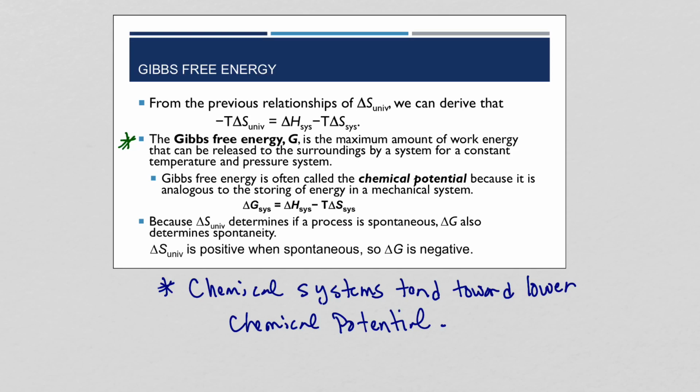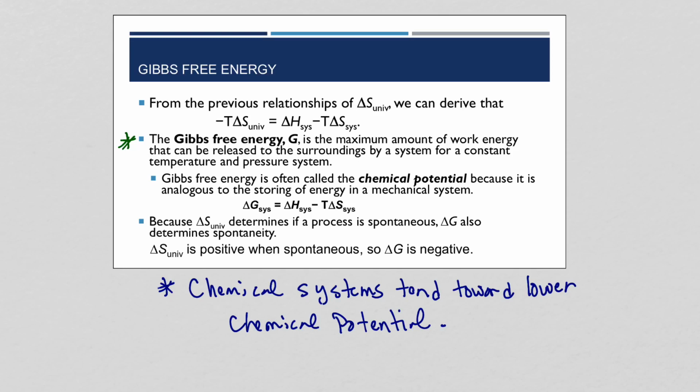We'll come back to the specific definition a little bit later on, but what we want to understand now is that Gibbs free energy is often referred to as our chemical potential. It is our predictor of spontaneity that we will use. So it's something we can actually calculate, unlike the entropy change of the universe, which is a much trickier idea to work with.